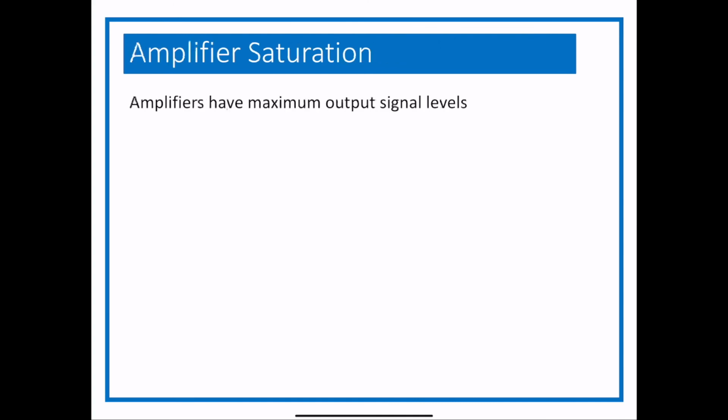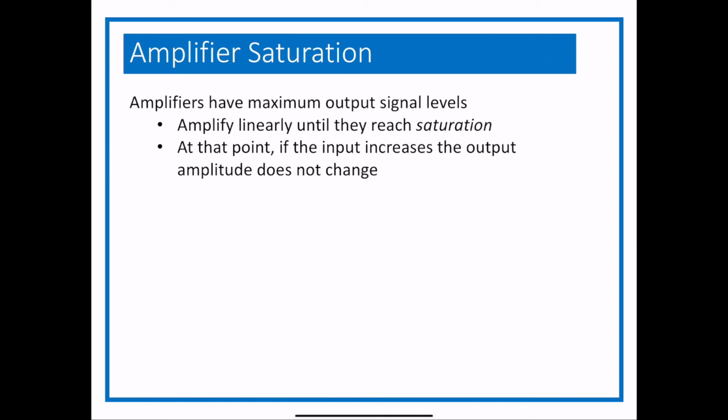Other things happen in amplifiers. Amplifiers actually have a maximum output signal value that they can have. They will amplify linearly until they reach something called saturation. At saturation, you can increase the input voltage, but the output voltage doesn't change.